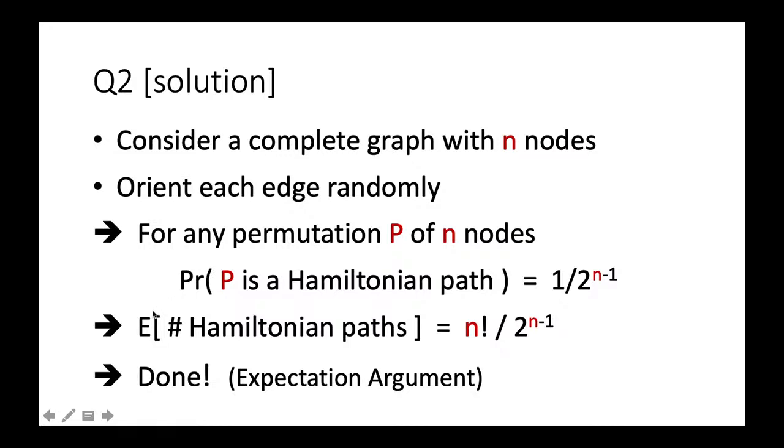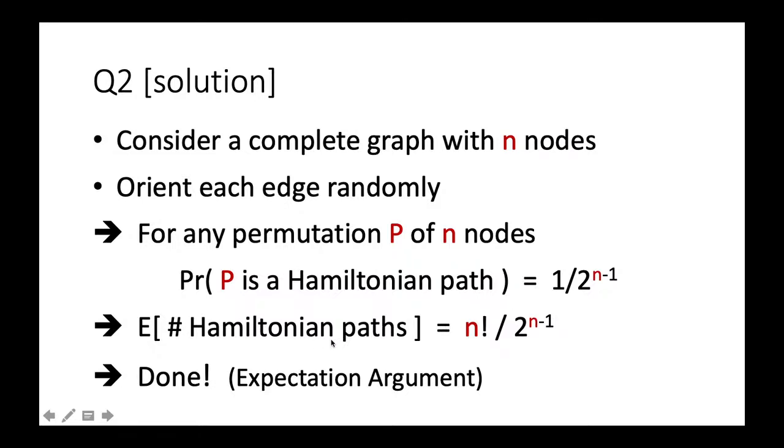And then inside this randomly picked graph, the expected number of Hamiltonian paths will be equal to what? There are n factorial permutations, and each permutation will be a Hamiltonian path with a chance of 1 over 2 to the power n minus 1. This is the linearity of expectation.